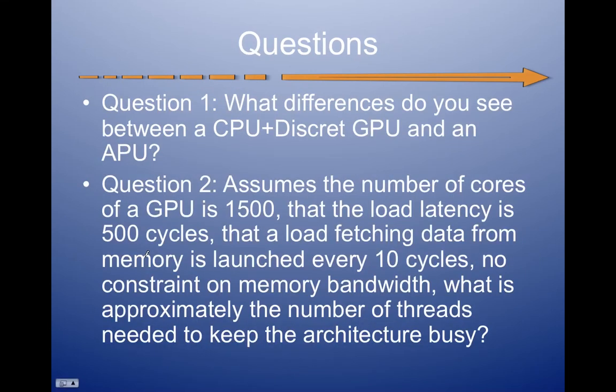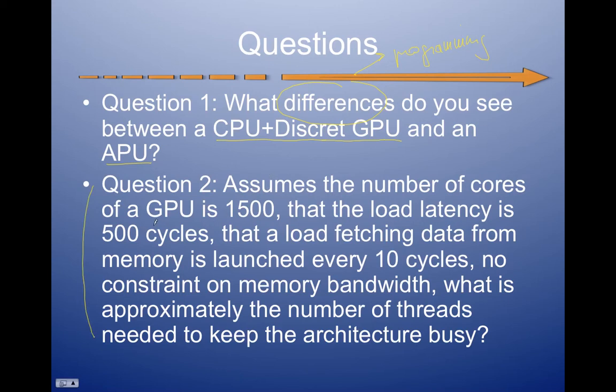So the questions for this course: what is the difference you see between a CPU, a discrete GPU and an APU? The difference in here is more in terms of programming. And now a question on parallelism.